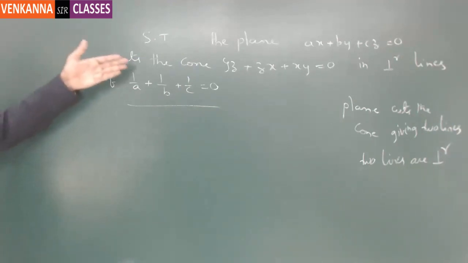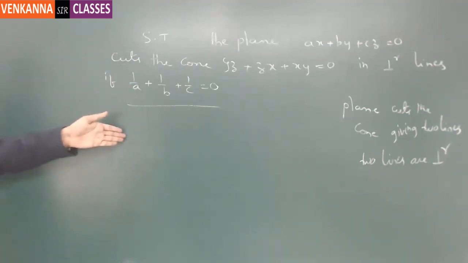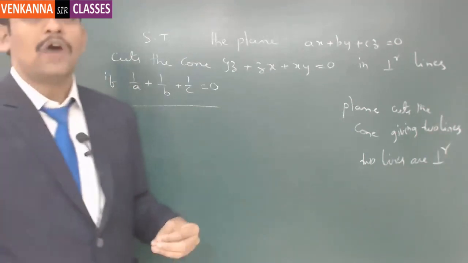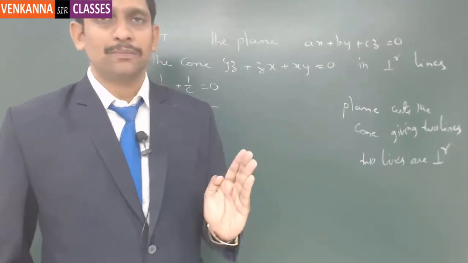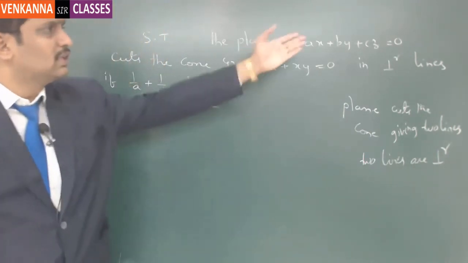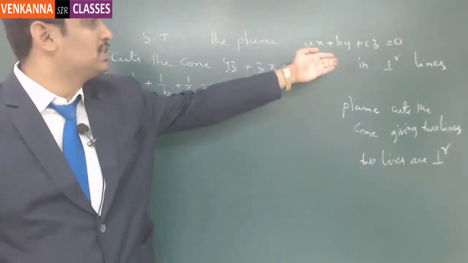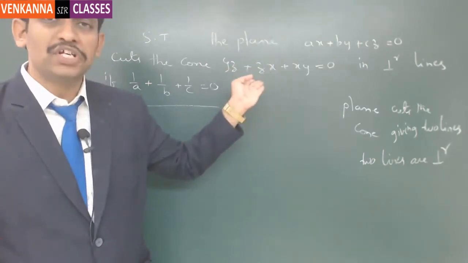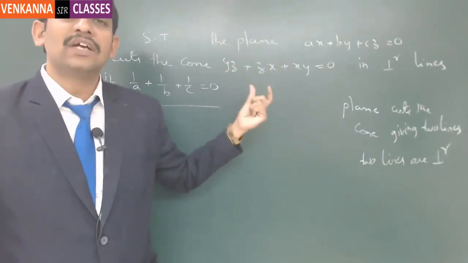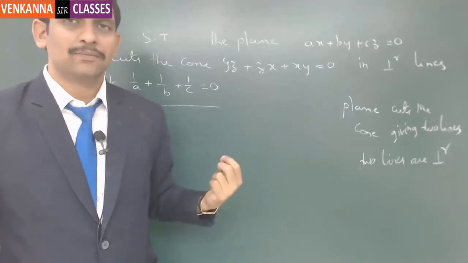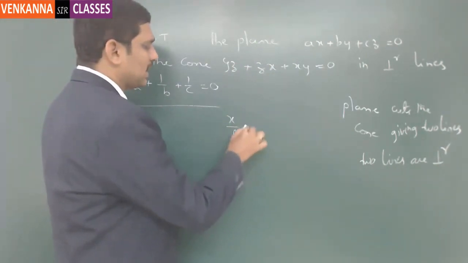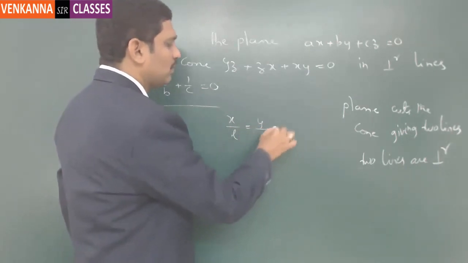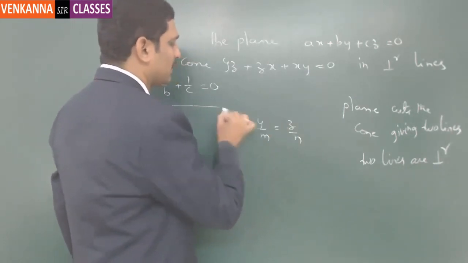So the approach of the problem is very similar. We need to know how to calculate the lines when a plane cuts the cone. And if you observe, the plane passes through the origin, and from the cone equation the vertex of the cone is nothing but the origin. So you consider the generator equation as x/l = y/m = z/n.